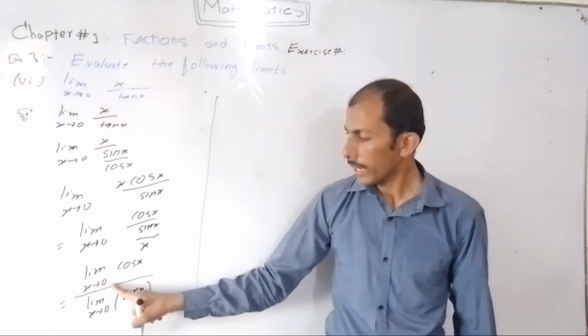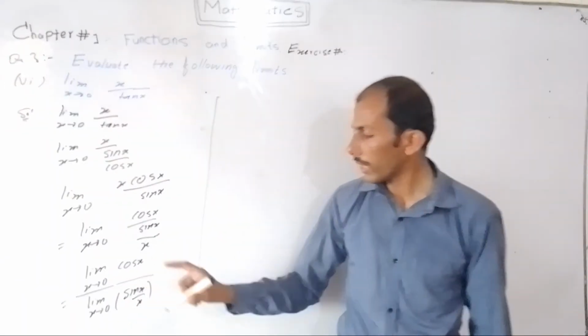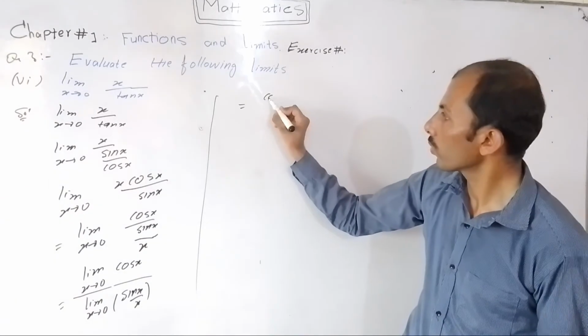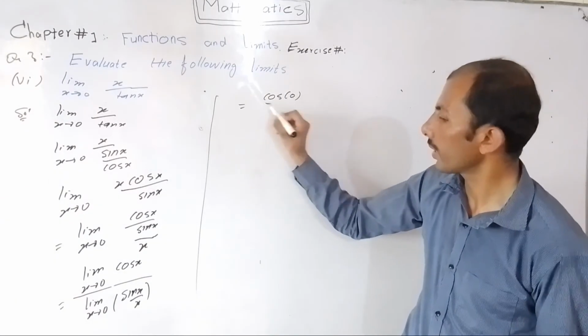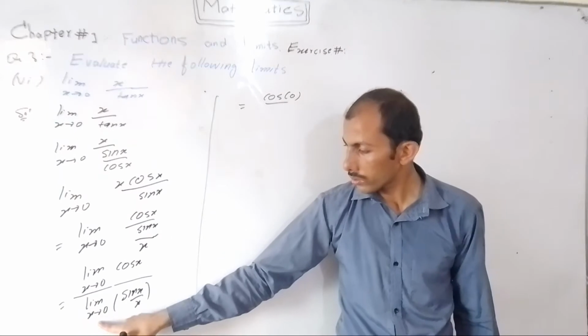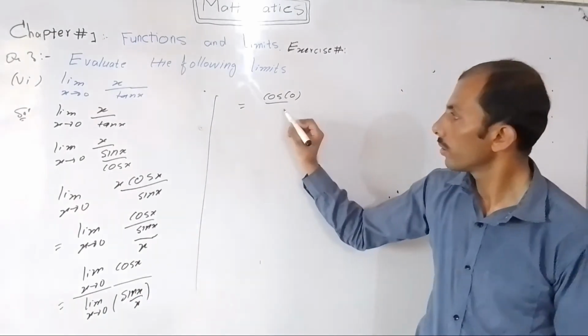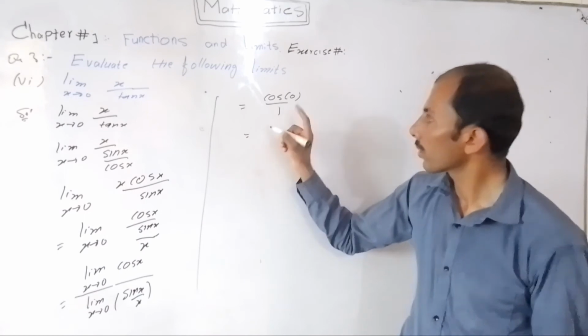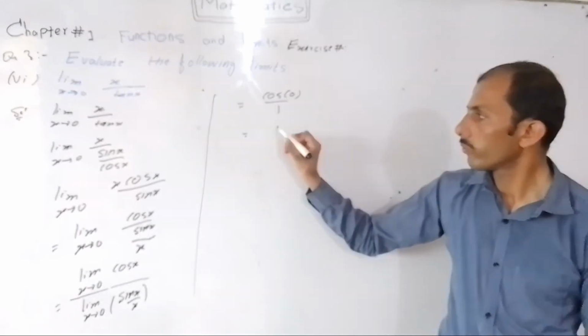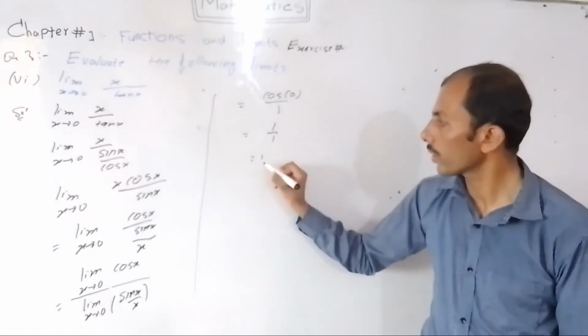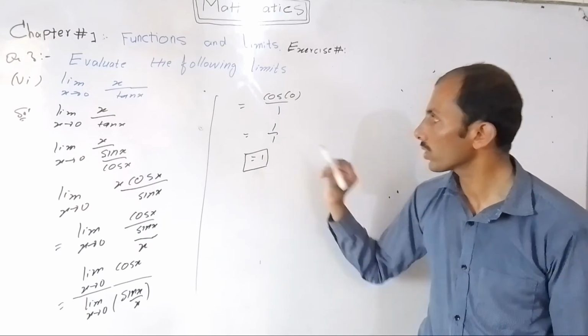So limit x approaches 0 cos x is equal to cos 0, divided by limit x approaches 0 sin x divided by x, which is equal to 1. Cos 0 is equal to 1, 1 divided by 1 is equal to 1, which is the required solution.